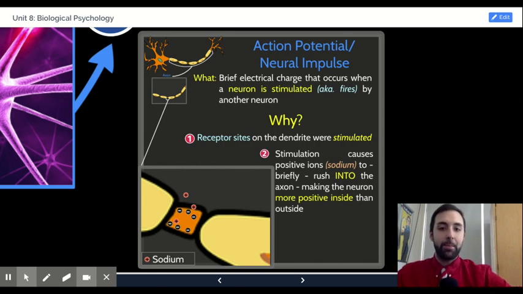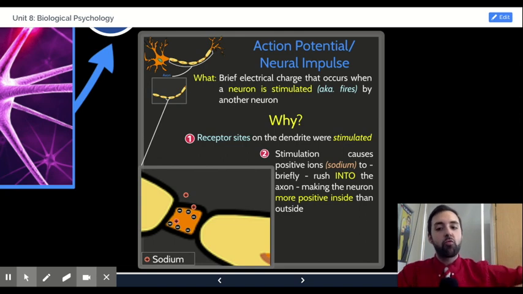Well, when the receptors, which again, on your diagram from Essential Task 8.1, was the surface of the dendrite, so the furthest to the left in your diagram, when those receptor sites are stimulated or activated, that stimulation causes positive sodium ions on the exterior outside of the neuron to rush through the membrane and into the neuron itself.